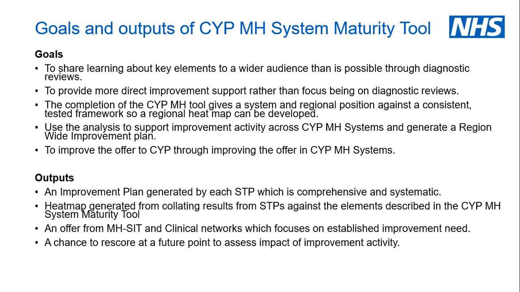So the outputs we'd expect to see is an improvement plan generated by each SDP, which is comprehensive and systematic, that we can generate heat maps from collating results from SDPs against the elements described in the CYP Mental Health System Maturity Tool, and that this offers an opportunity for the mental health system improvement team and clinical networks to focus our improvement activity against a defined need. And it's a chance to rescore in the future, so that really gets a chance for us to see the impact of our improvement activity.